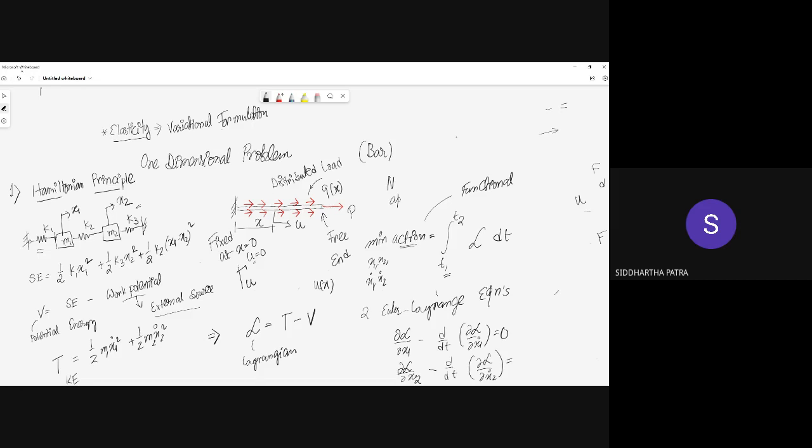So now can you write down these two equations involving x1 and x2?